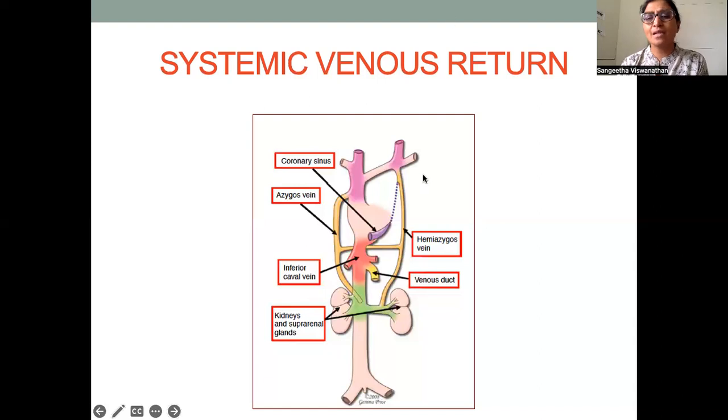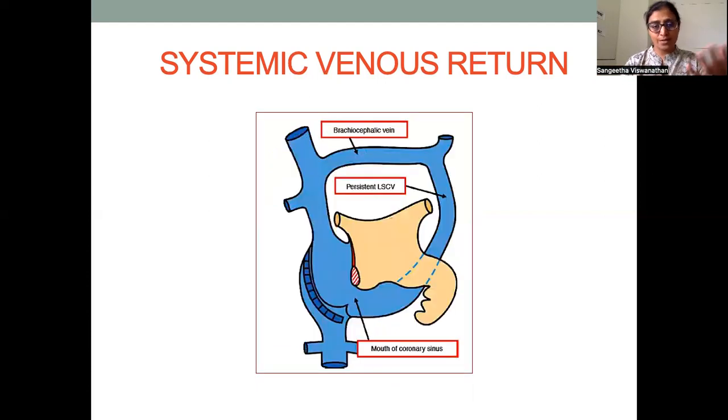Just a persistent LSVC may be an innocuous finding. It is something that can be found in a percentage of the population. In isolation, it is not something that we are worried about. Okay, so these are all kind of variants or aberrations that we find. Now, if we look further, okay, this is the persistent LSVC that we talked about. Sometimes they have a bridging vein.